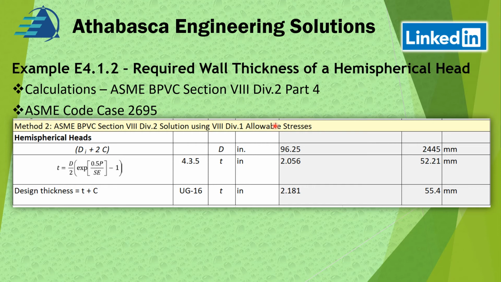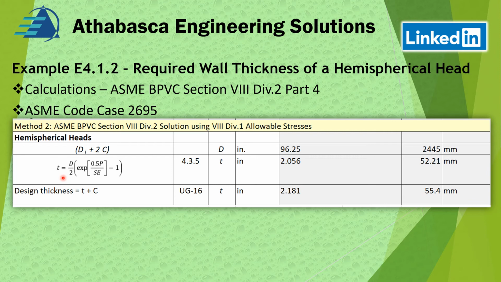96.25 inches, and then basically you plug that into here. You can see this equation has an exponent. It's a little bit more sophisticated equation, more intended for thicker walled vessels, and in this case we've got quite a high pressure, so we're going to have to post-weld heat treat this equipment.